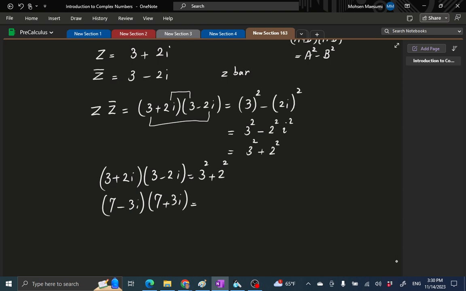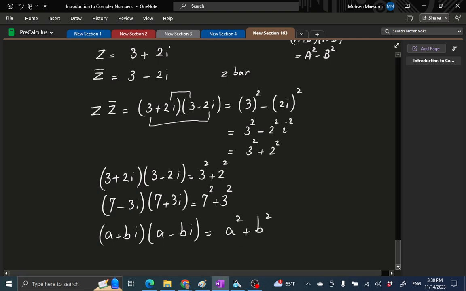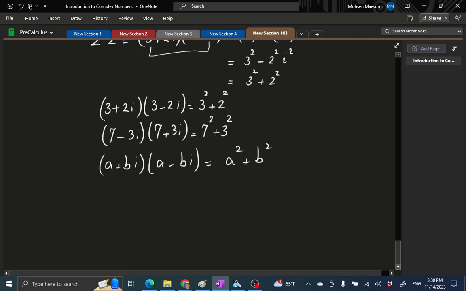Either way, this is 7 squared plus 3 squared. So in general, if I have a plus bi times a minus bi, the product is a squared plus b squared. So this is a special factorization for sum of two squares. If you have sum of two squares and you want to enforce factorization, your factors will be complex.